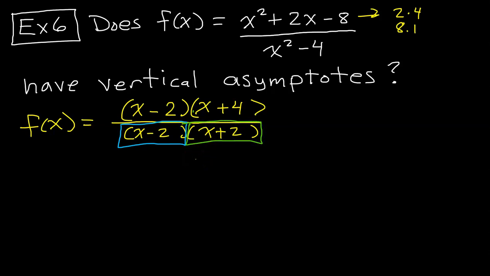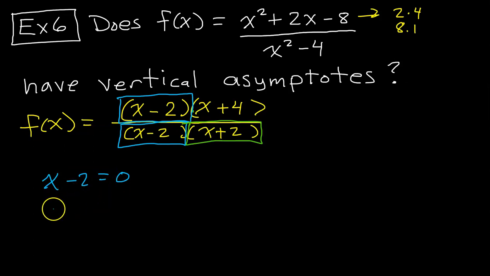But be careful. You're going to get a vertical asymptote for a value that will cause a 0 in the denominator only. Notice that for this problem, the factor of x minus 2 appears in the numerator and the denominator. So that would actually cause a 0 in the numerator and denominator if I were to set x minus 2 equal to 0.